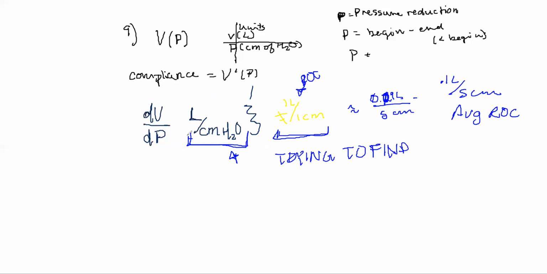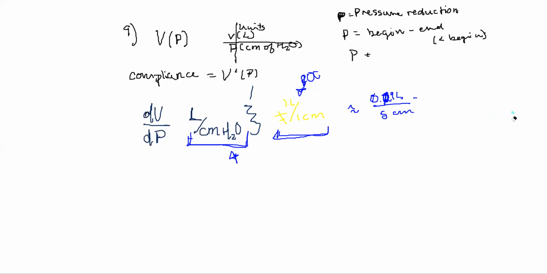Okay. That being said, now that I've thoroughly confused myself and all of you, we have the units of compliance. We're estimating the maximum compliance of the lung. How would we go about doing this?